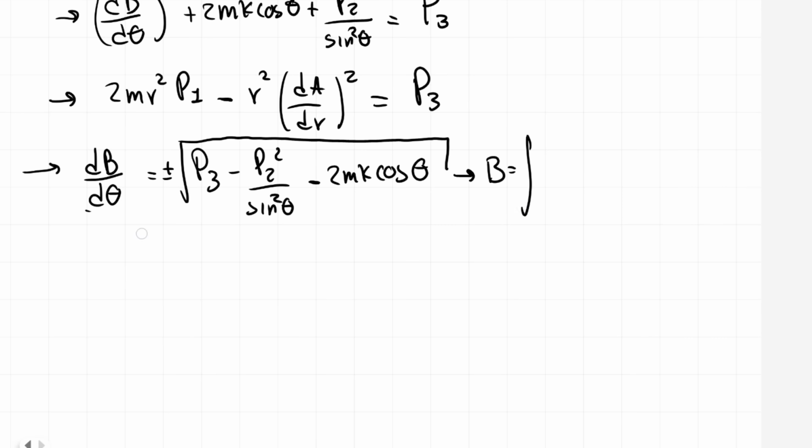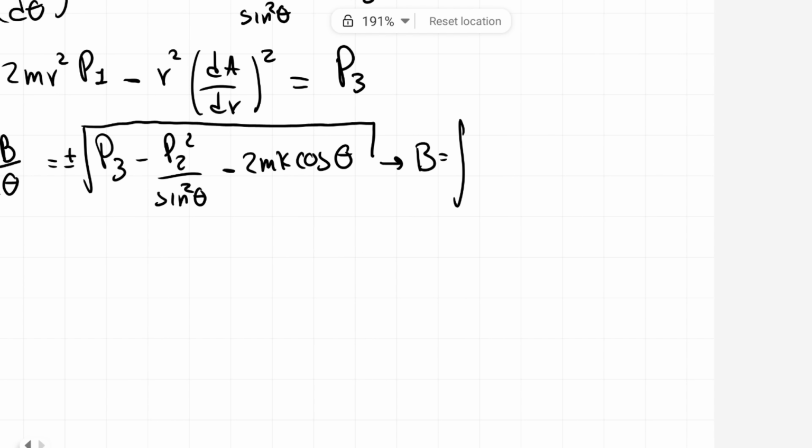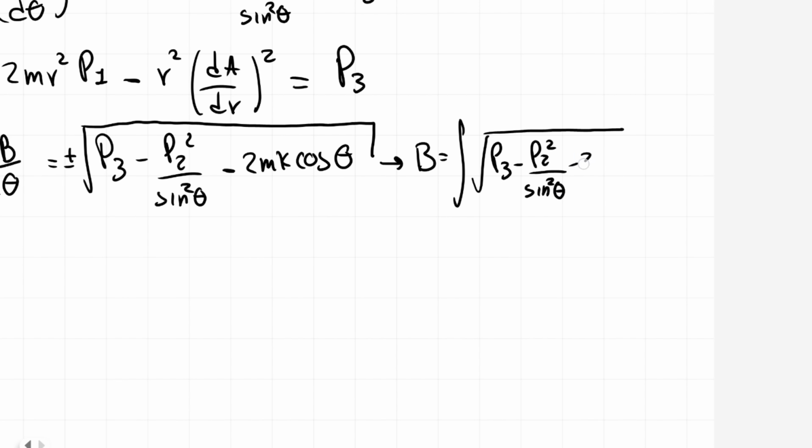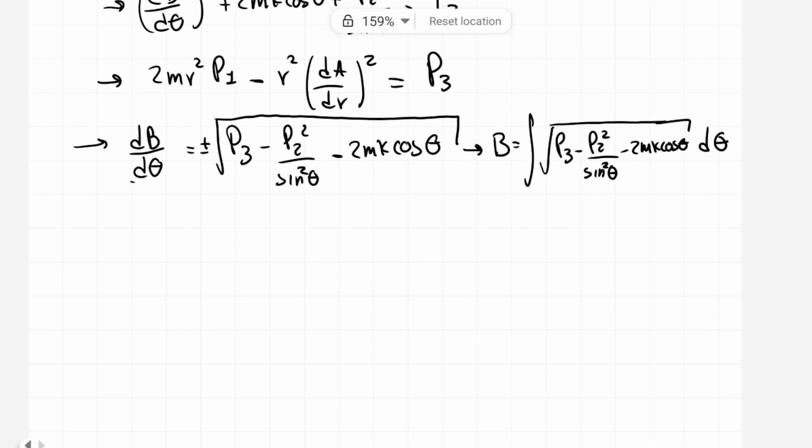Let's take the solution for the plus sign only, just for convenience. It will be the integral of the square root of p3 minus p2 squared divided by sine squared theta minus 2mk cosine theta d theta. Perfect, so that will be b as a function of theta.